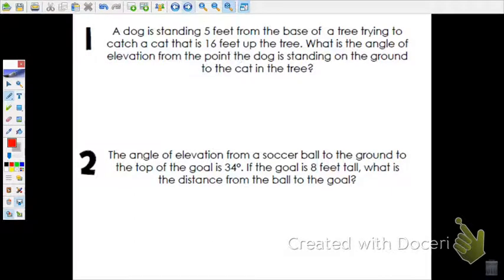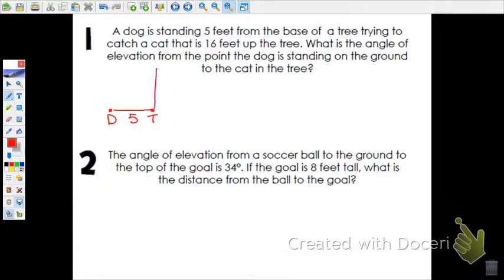Number 1 says that a dog is standing 5 feet from the base of a tree trying to catch a cat that is 16 feet up the tree. So we need to draw some sort of a diagram. I've got a dog here. The dog is 5 feet from the base of the tree.